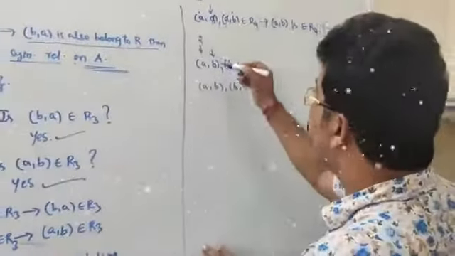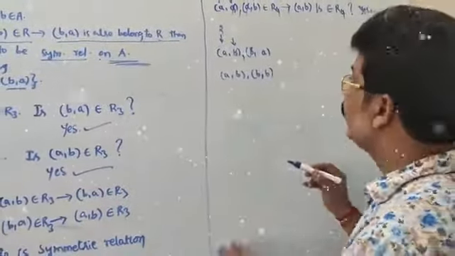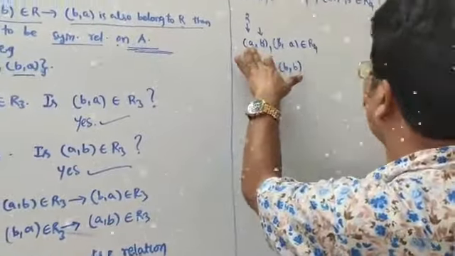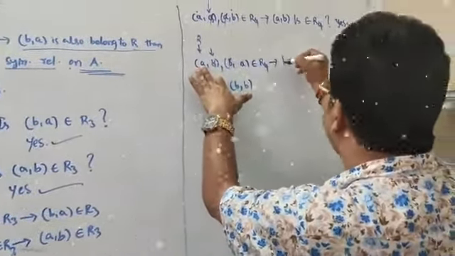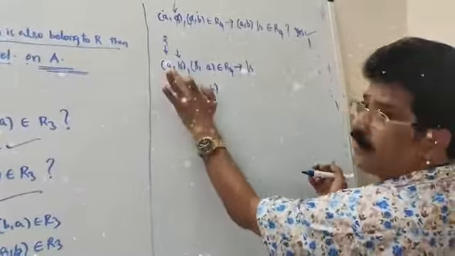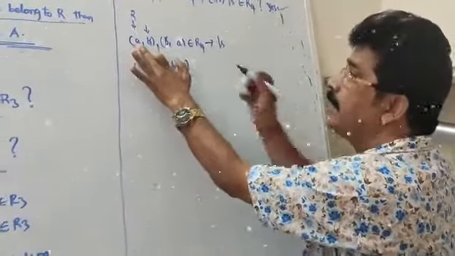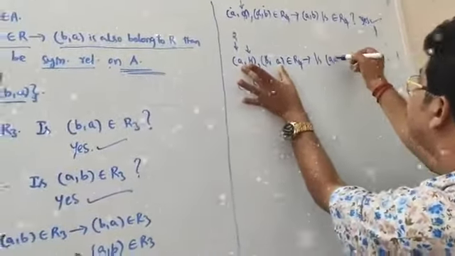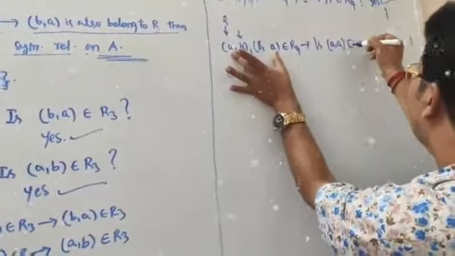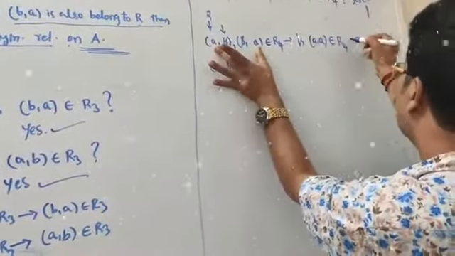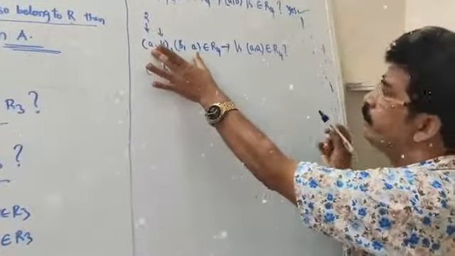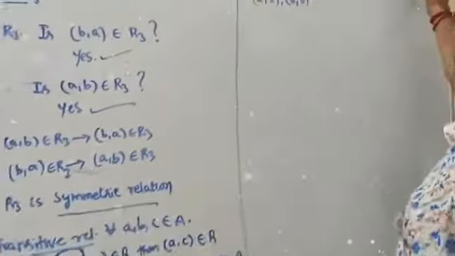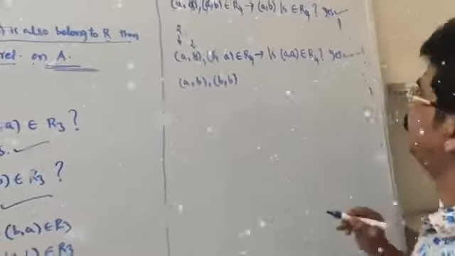Two subcases are there. B, B same. The remaining one belongs to R4. Then the remaining element is A comma A. Does (A, A) belong again to R4? It is my question. You verify: (A, A) is there. Yes, your answer is yes.